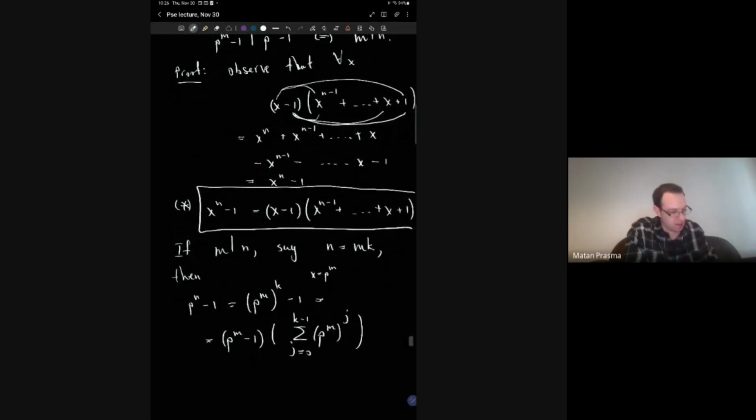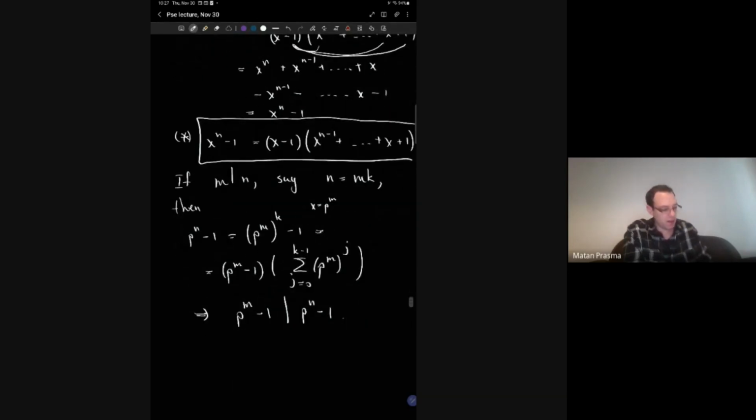And from this, it follows, of course, that p to the m minus 1 divides p to the n minus 1.